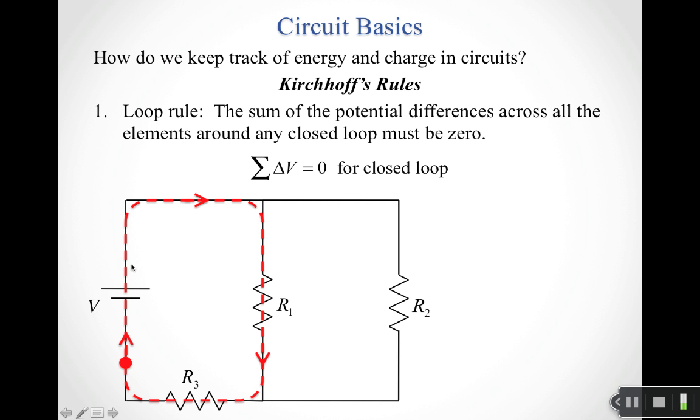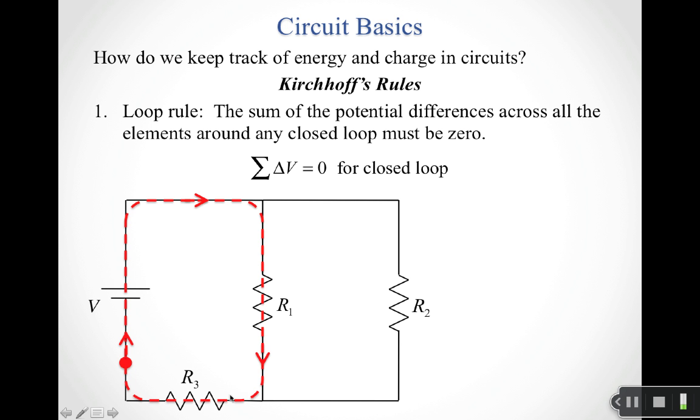Well, because this is an ideal wire, there's no resistance within this wire, which means that the potential here has to be the same as the potential at the positive terminal of the battery. And now as I walk across this resistor, I have to have a potential drop. So some of the energy is being used up as I come across this resistor.